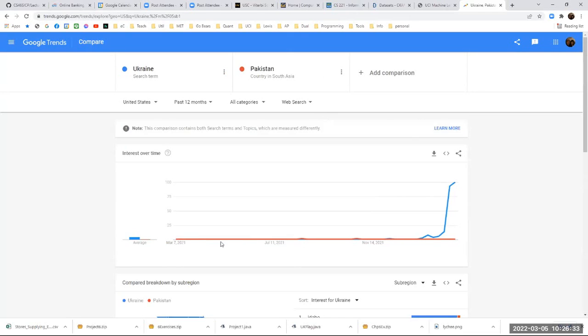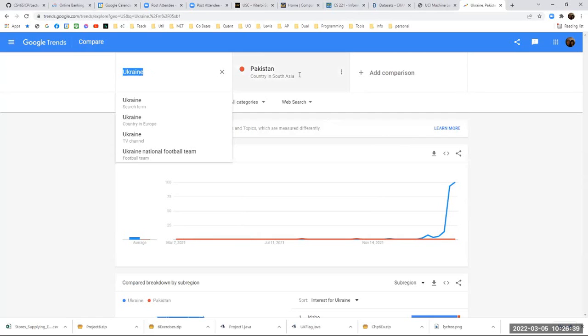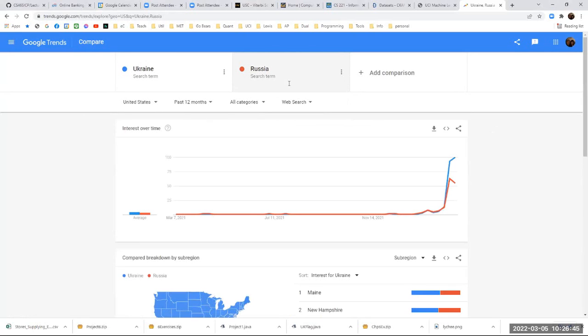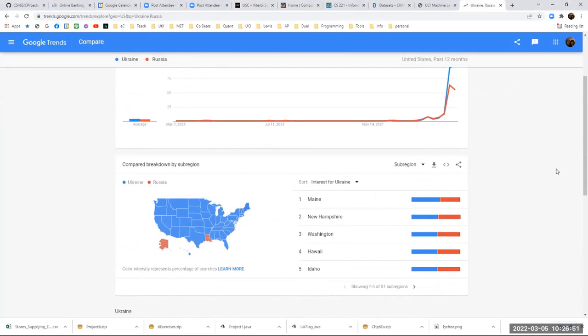Here you see participant, nobody is interested, everybody is just interested in Ukraine. How about Russia? I think Russia will be equally important now. Ukraine, more people care about it than Russia.